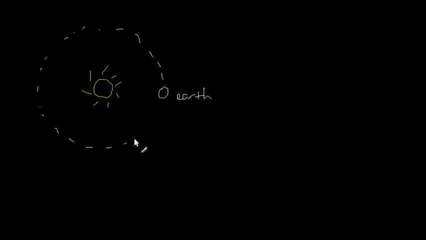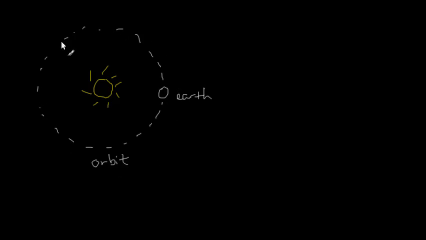Now, this path that the Earth traces out as it goes round the Sun is called an orbit. So that's the orbit of the Earth, and to a very good accuracy, the Earth keeps going round and round exactly the same path year after year.